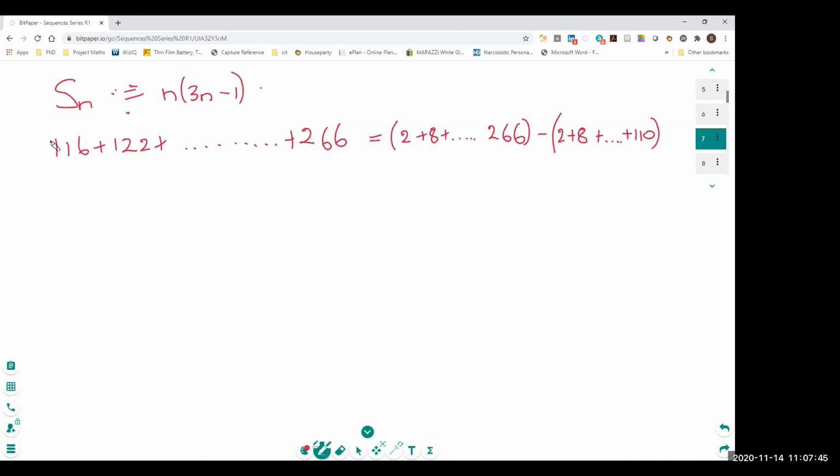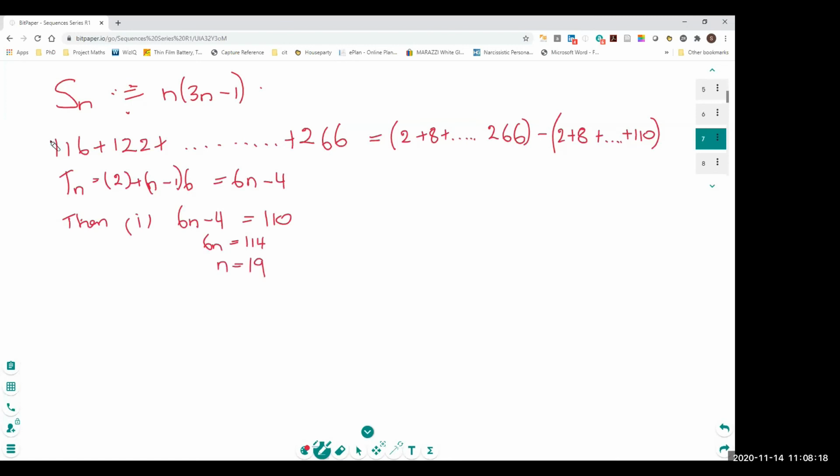So for our series, we have T of n is equal to 2 plus (n minus 1) times 6, which is equal to 6n minus 4. Then we have 6n minus 4 is equal to 110, which tells us that 6n is equal to 114. Therefore, n is equal to 19.